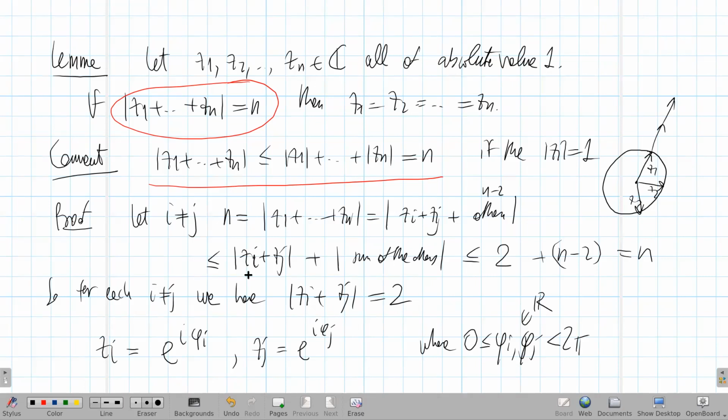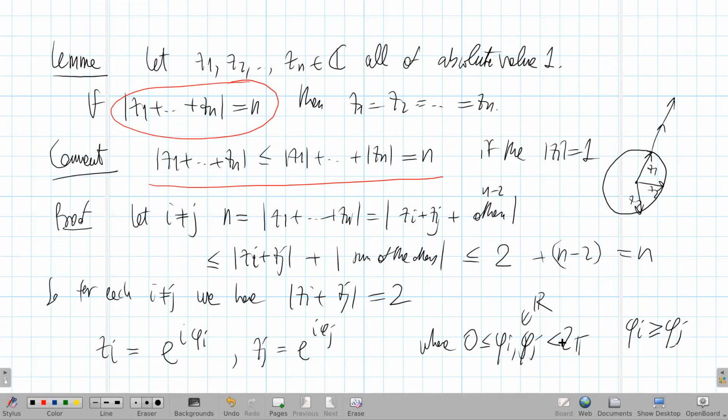And since the sum of complex numbers is commutative, we can assume that phi i is greater than or equal to phi j. So we simply call zi the one with the largest angle in this range.